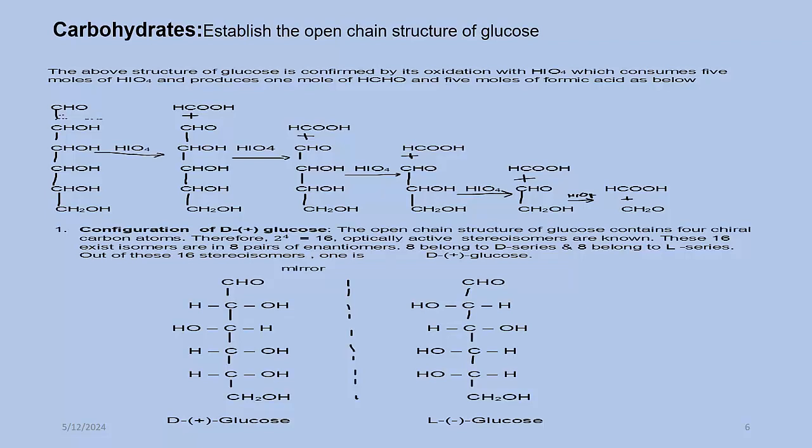In terms of mole, we can say that each mole of glucose consumes 5 moles of HIO4 to give 1 mole of formaldehyde and 5 moles of formic acid.